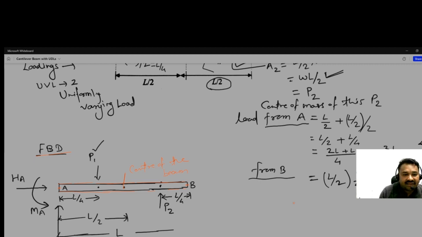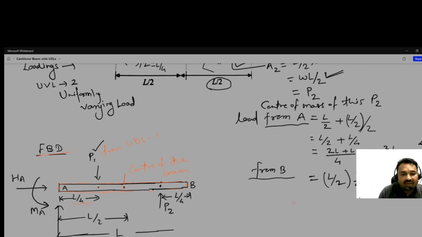Also we have located this P1 from UDL1, and where is it acting? It is acting from end A, L by 4.